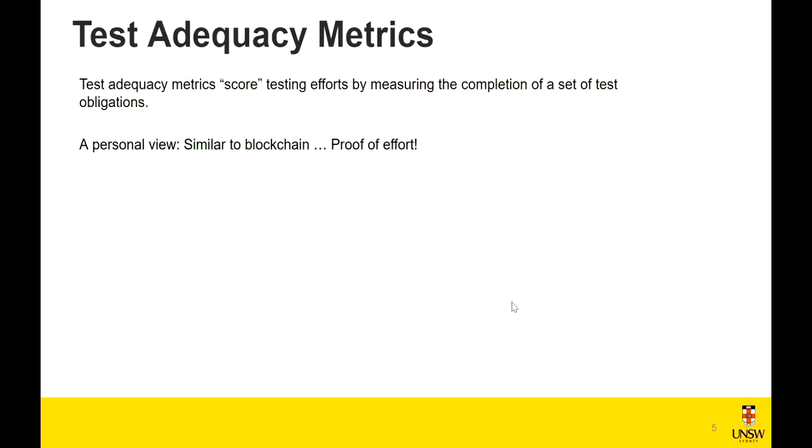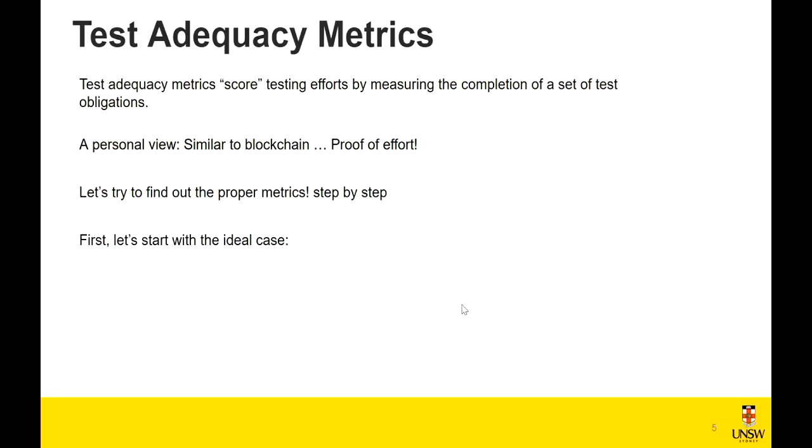It's like a proof of effort. We can never show our customer that our software is free from bugs, but what we can show them is that we have done enough testing. We have done a very comprehensive testing, and we need some proper metrics. Let's try to find out these proper metrics step by step.